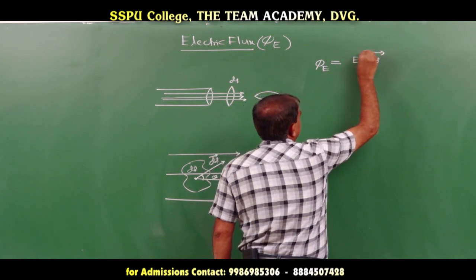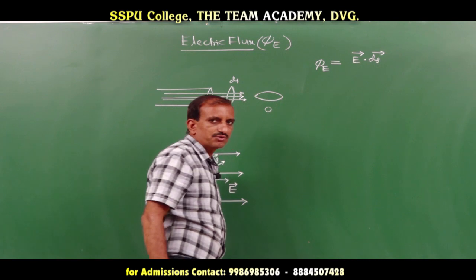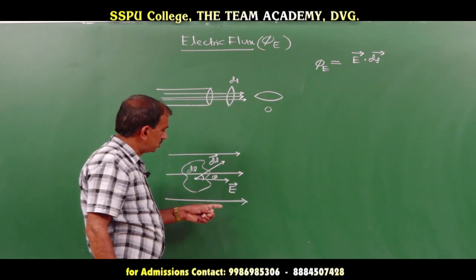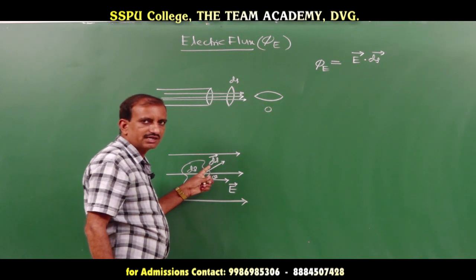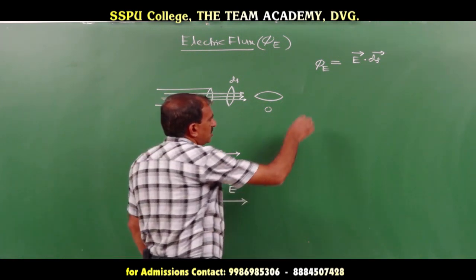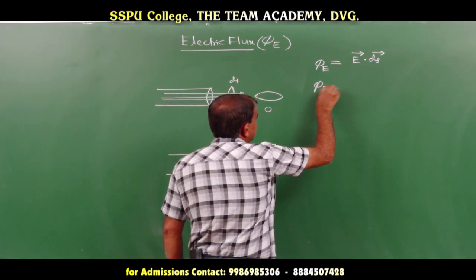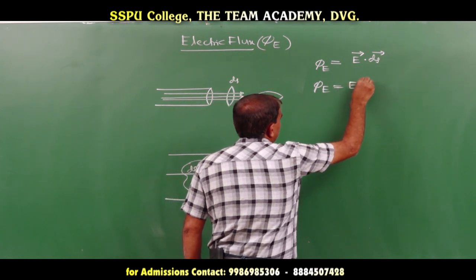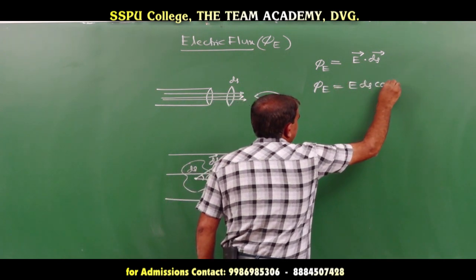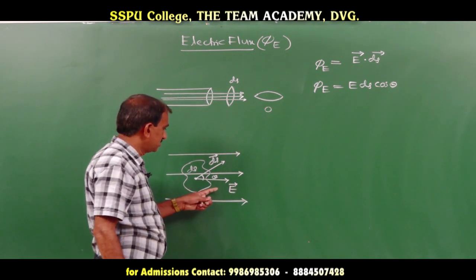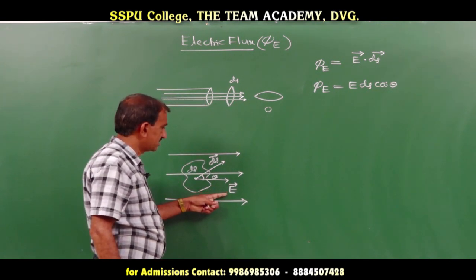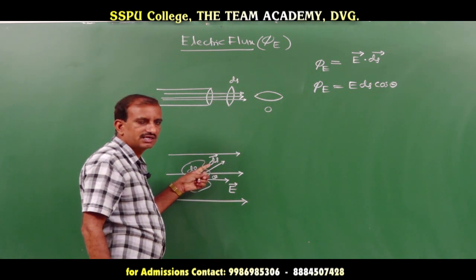It is the dot product of the two vectors, the electric field vector and the area vector ds. Or it can be written as phi E equals E ds cos theta, where theta is the angle between the electric intensity vector and the area vector ds.